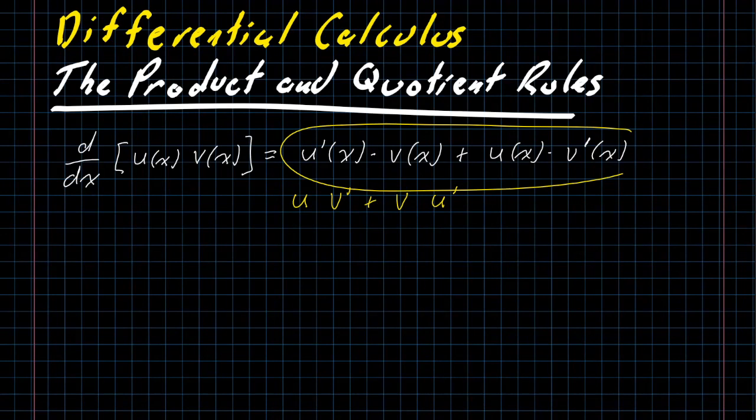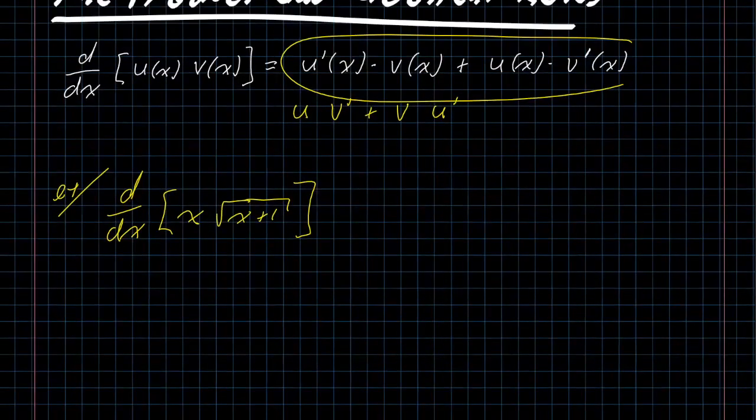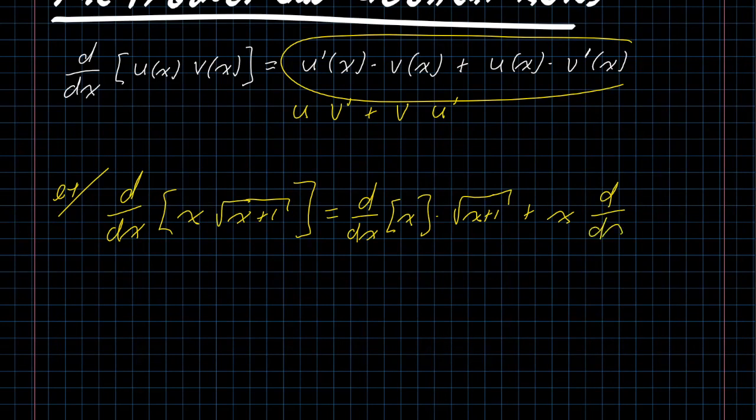If I jump right into an example of this, we can take the derivative of, say, x times the square root of x plus 1. Writing this out in pieces, it's going to be the derivative of x times the square root of x plus 1, plus x times the derivative of the square root of x plus 1.